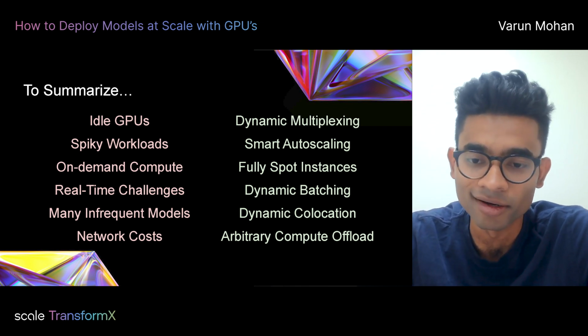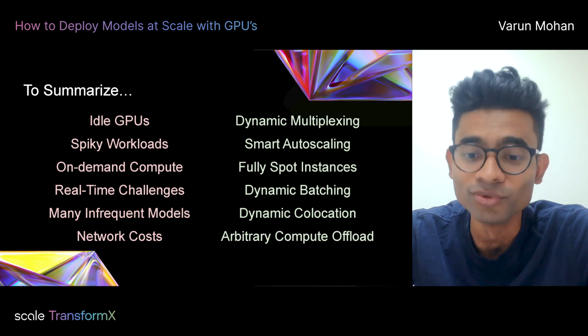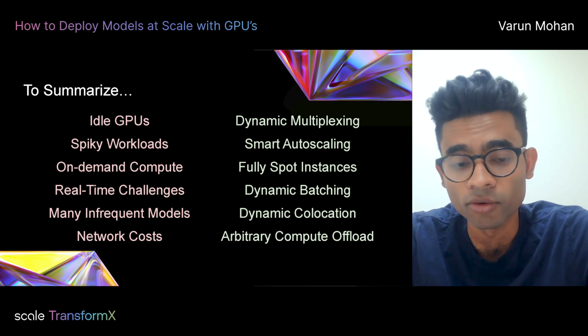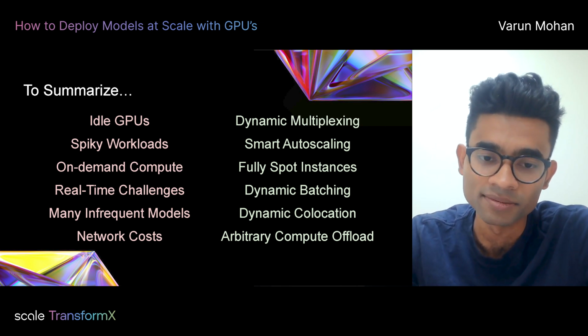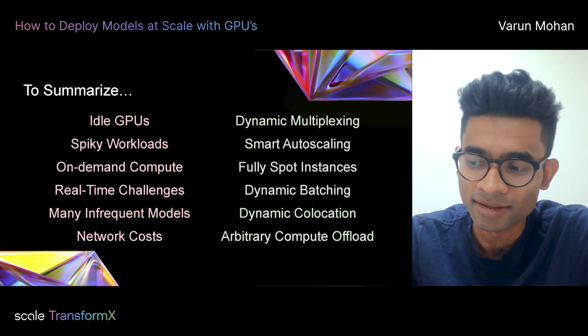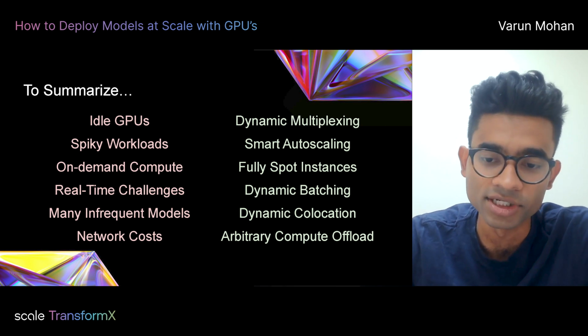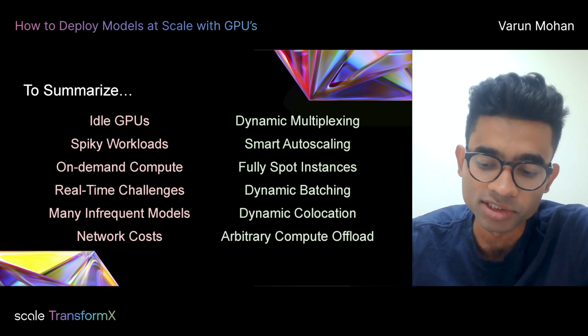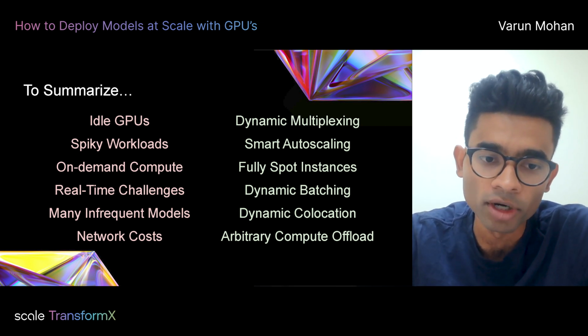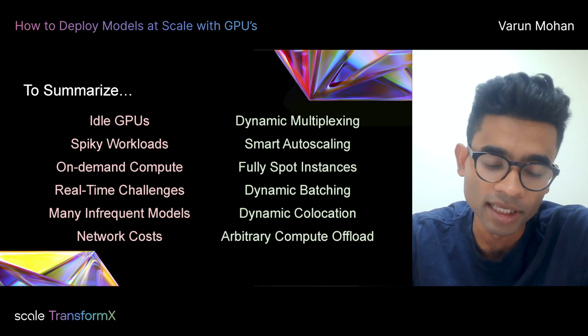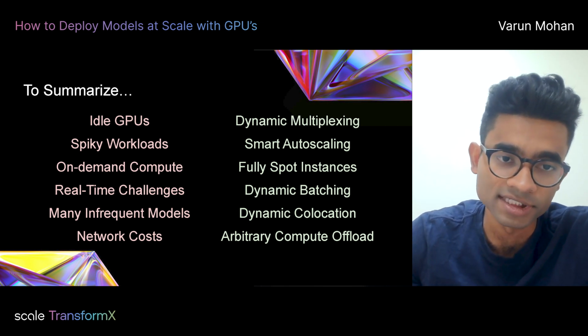There are cases where you do need the availability. So then you need to figure out ways of having on-demand or reserved instances, and then having some excess capacity of spot instances, dynamic batching, co-locating models as much as possible, and then figuring out smart network strategies so you don't end up getting bottlenecked by the network to saturate the GPU as well.